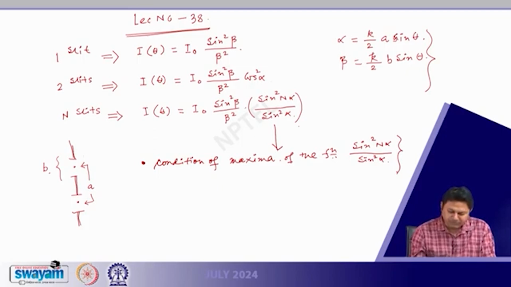Now, from here you can see that if alpha tends to 0, then the numerator and denominator both vanish, so I need to take the limit in a different way.